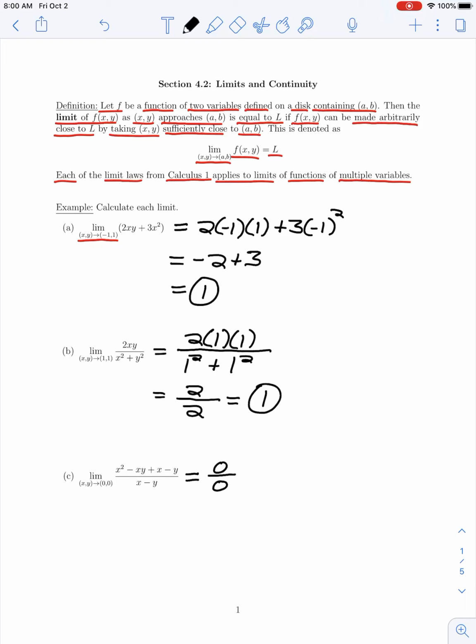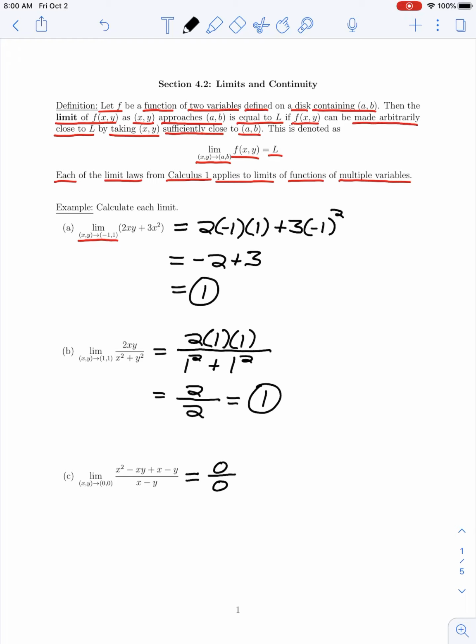We have not talked about differentiation of these multivariable functions yet. So keep in mind throughout this course that L'Hopital's rule is only a result for functions of a single variable. It does not hold for functions of several variables.